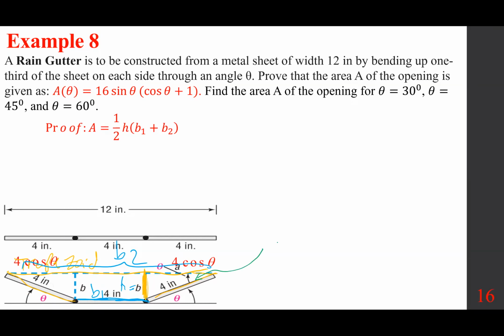This is theta, so sine theta is the opposite, which is H over 4. I hope you remember this is 4. Therefore, H is 4 sine theta.